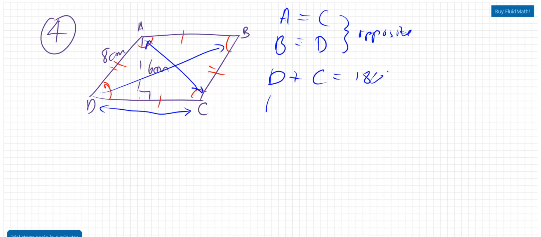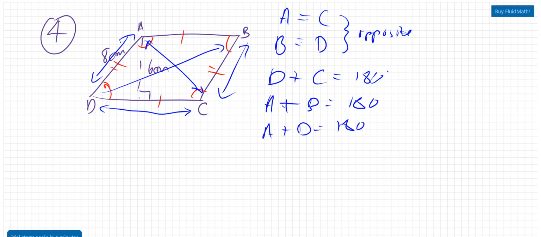And the same with A and B. A plus B should add to 180 degrees. And of course, you can do the same thing for A and D, and B and C. So A and D will add to 180, as well as B and C will add to 180. So knowing that, we can find all of these angles.